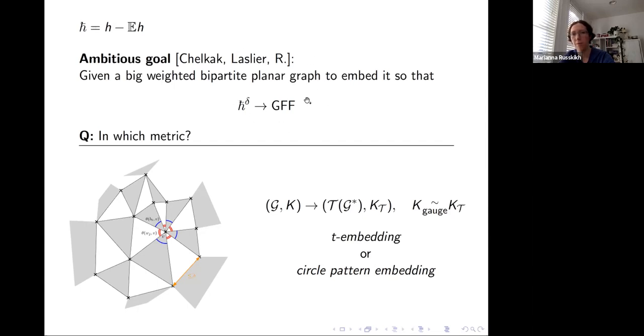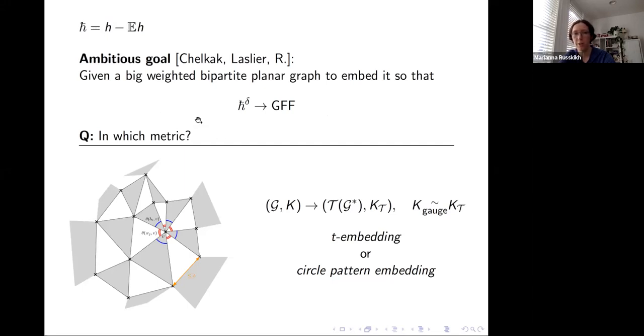So we want to draw a graph in such a way that, given a large planar bipartite graph with weights on edges, we want to embed it in such a way that geometric weights given by this embedding define the same probability measure as the given one, and the fluctuations on those embeddings converge to the Gaussian free field.